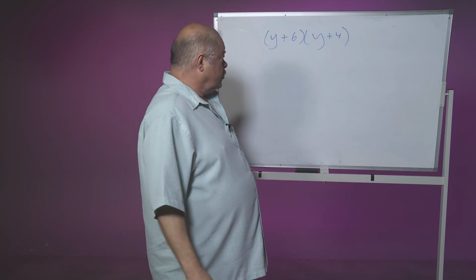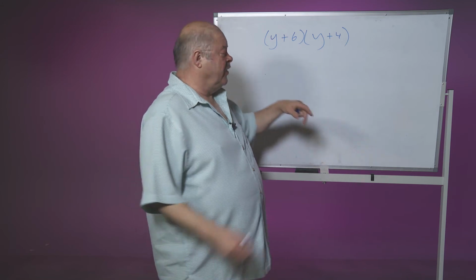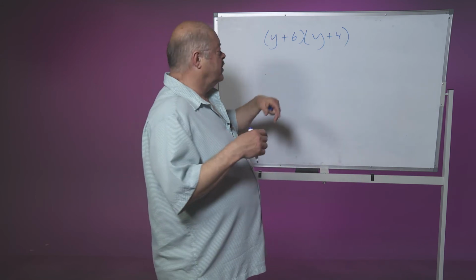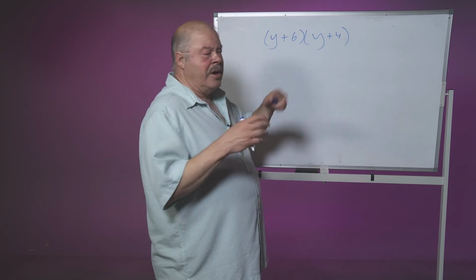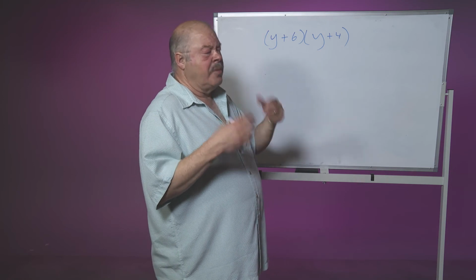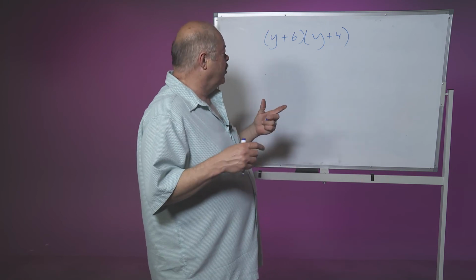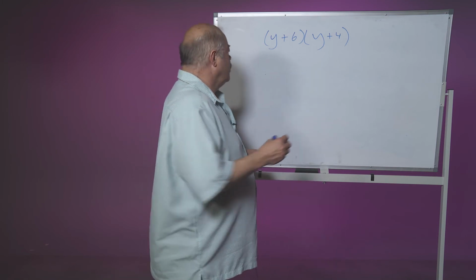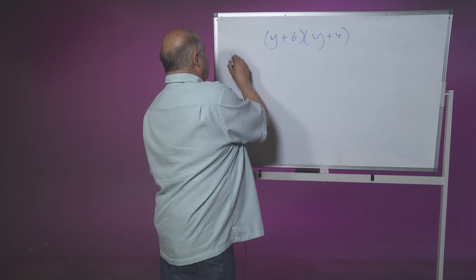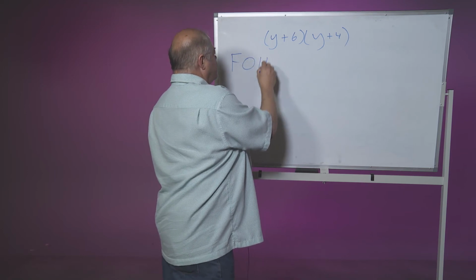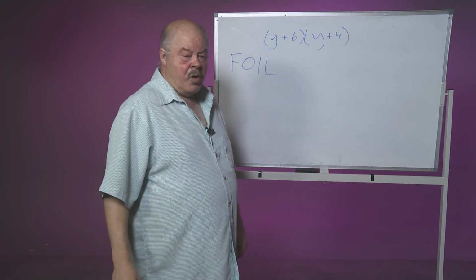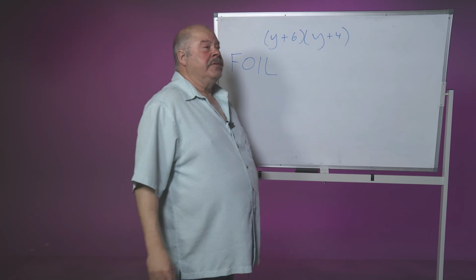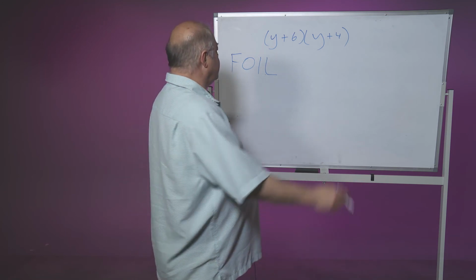Your answers are going to give you a bunch of choices of y squared, a number times y, and so on. The way you do this question is you use something called the FOIL technique, which tells you how to multiply the terms to generate an answer.